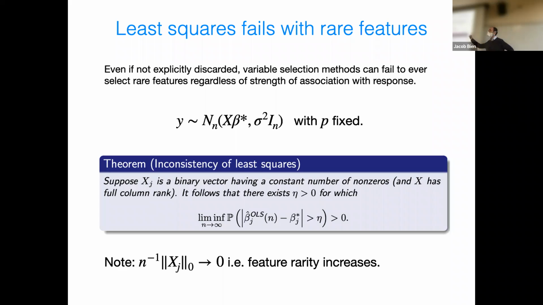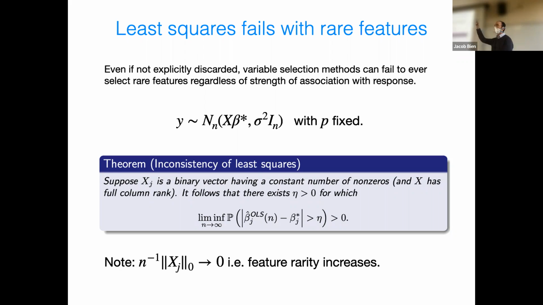Obviously, in high dimensional statistics, they love letting p grow as n grows to make it harder, but here we have a very simple situation, fixed dimension and n growing. What we'll do instead is say that one of the features, the jth feature, which is a binary vector, only has a finite number of ones.